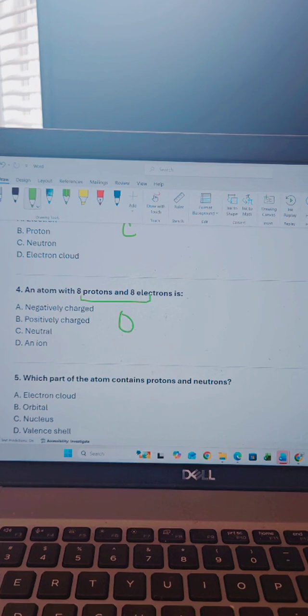Oxygen has an atomic mass number of 16, and it has an atomic number of 8. But it has an ionic charge. The ionic charge is equal to -2. So if it's -2, that means it is negatively charged.